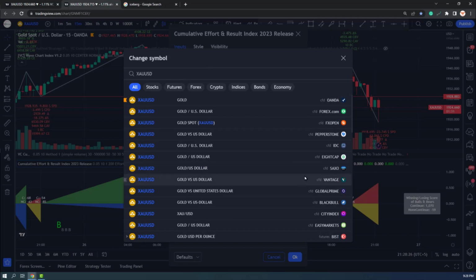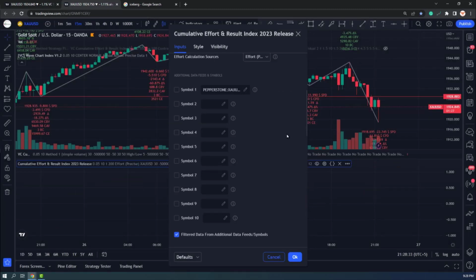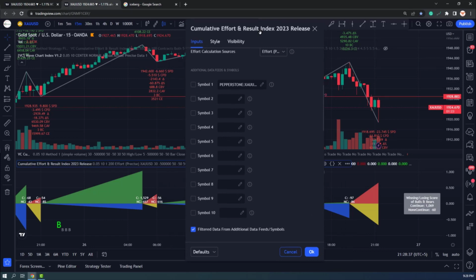Okay, let's add data from Paperstone broker as well. Okay, I have added it. I just want to show you a little difference here. You see here, there are numbers here, 97, 87.